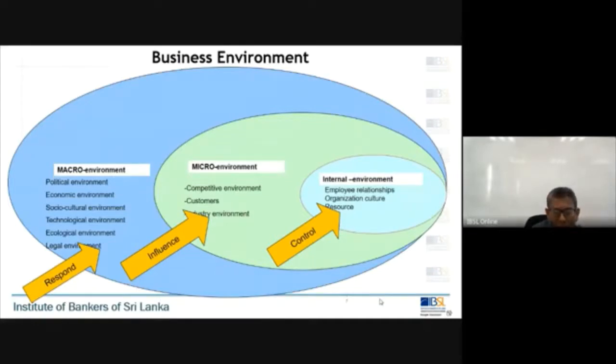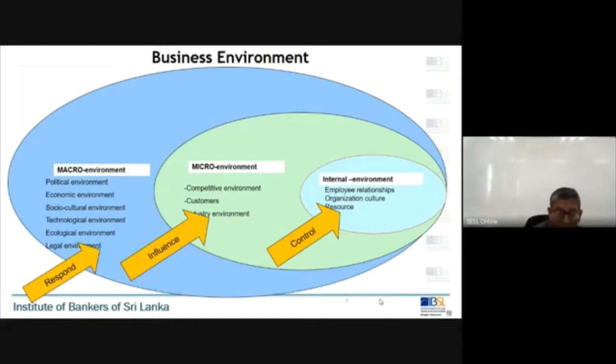Now, if you really look at it, internal environmental factors we can control to some extent. Task environment factors, or the micro environmental factors, can influence our decisions, but not to that extent; we can manage them to some extent.